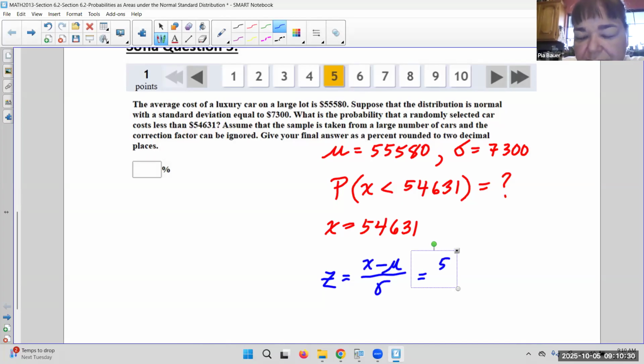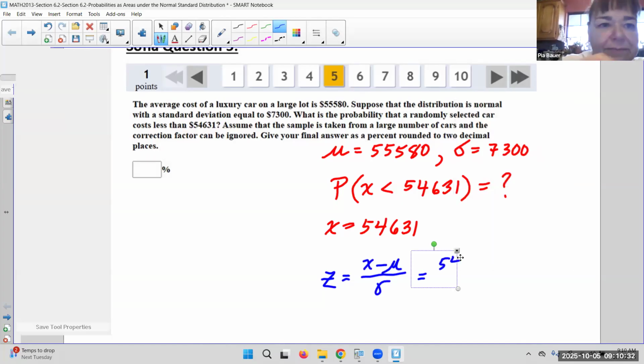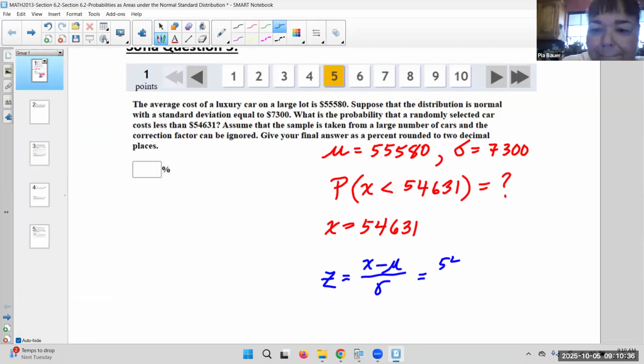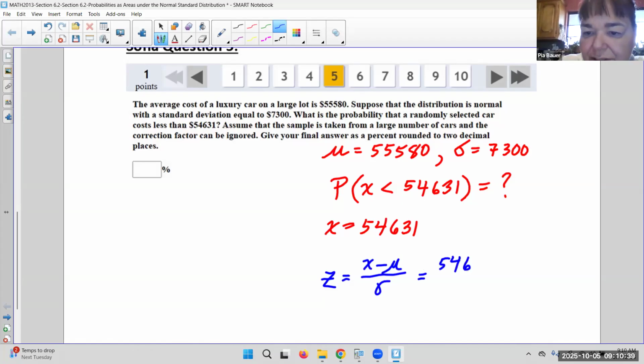So that will be 54,631 minus mu, which is 55,580. And see, your x is under the mean, so this is going to turn out to be a negative z-score. And then divided by 7,300.